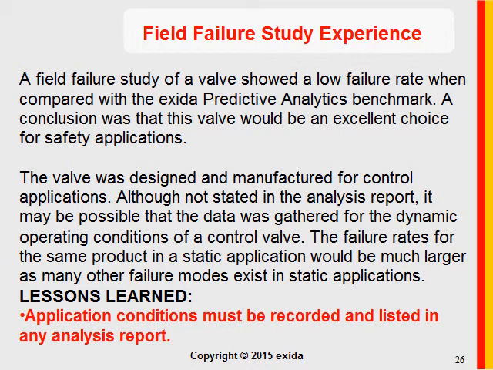So we're looking for reasons why the failure rate might be so low. It's way below reasonable limits. And one potential explanation might have been that all these valves were being used in control applications where they were moving. And that is very different than applications where the valve is static.